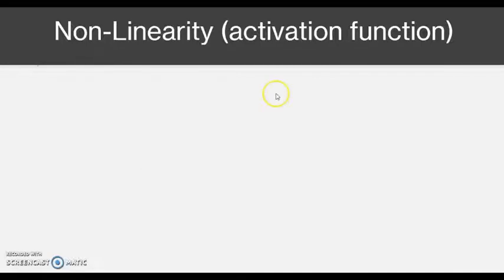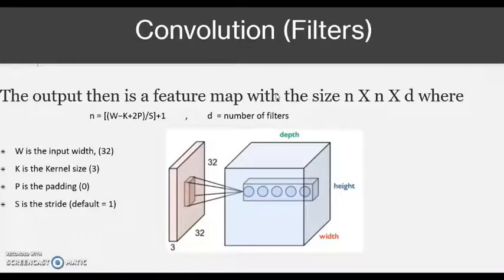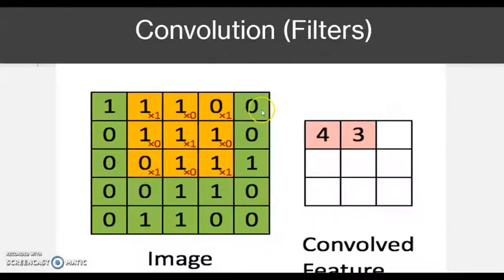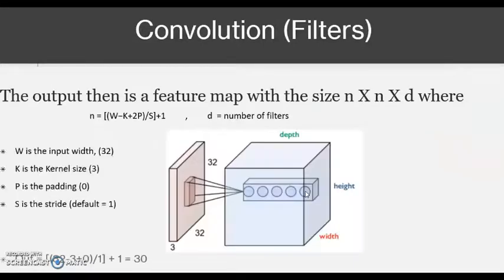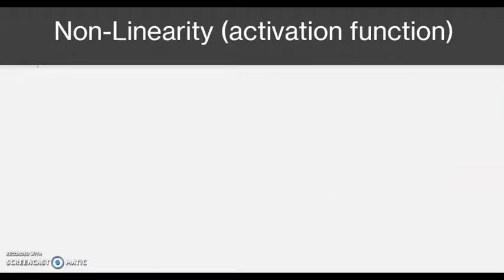So for example, this is the feature map. The ReLU function, or the activation function, is going to be applied to every value in this feature map. Okay, so what's the purpose of the activation function or the nonlinearity function?